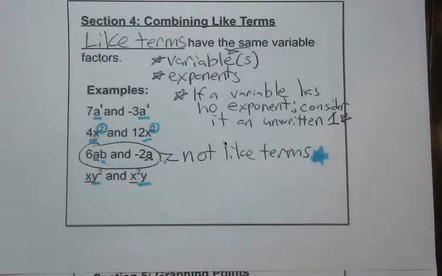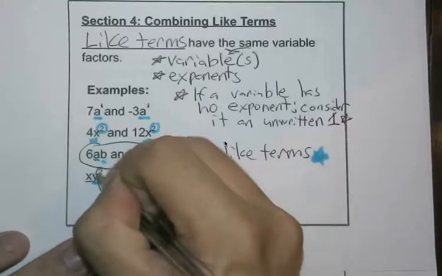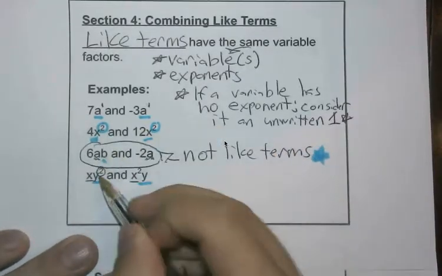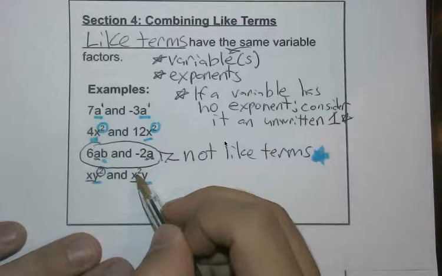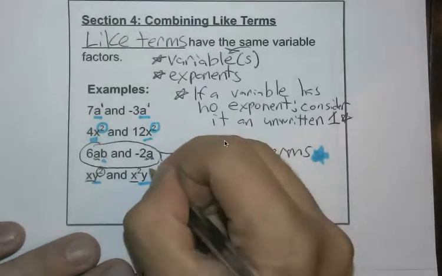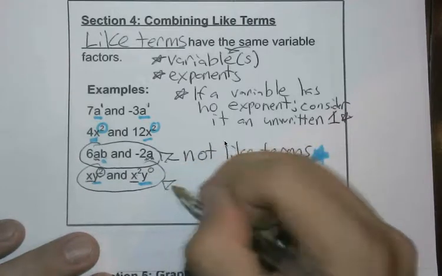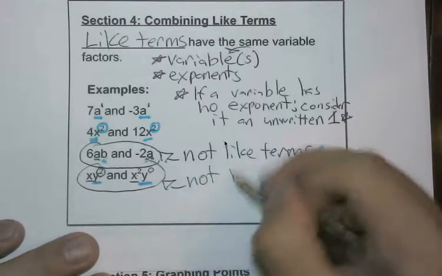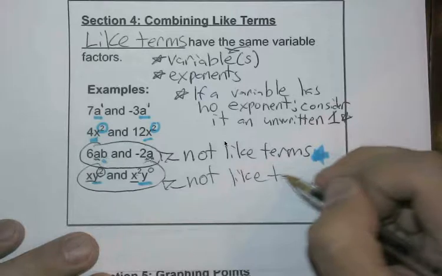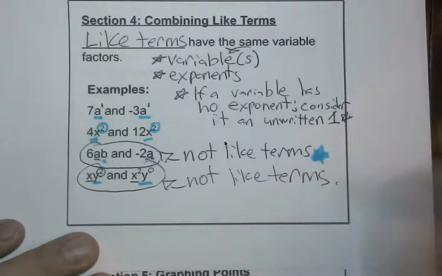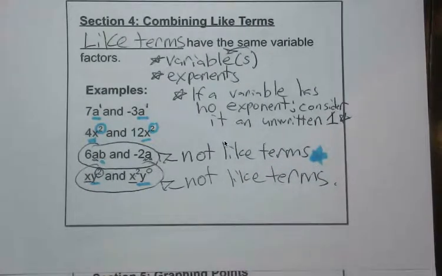You should be saying no. So notice that y is being squared, but x is being squared here. Y is different than the other y. So we would say that in addition, these are not like terms because the exponents are different. It's really important to see that.